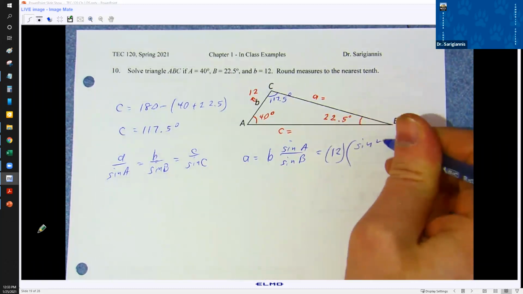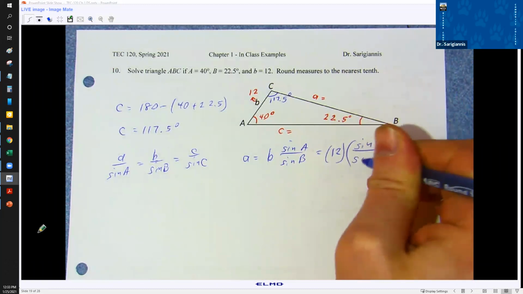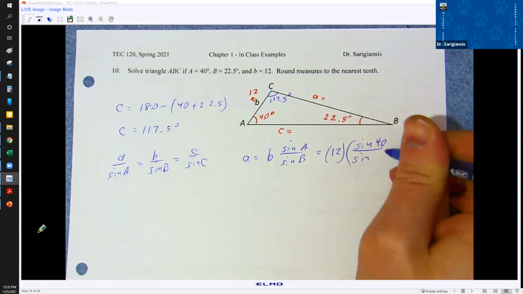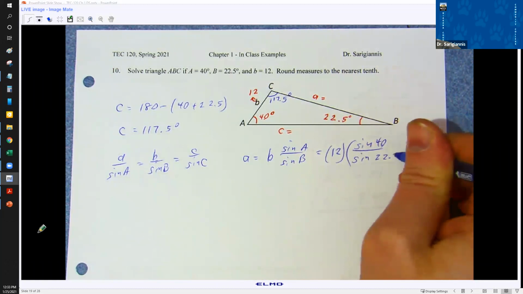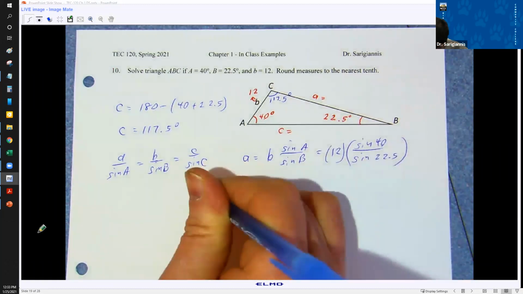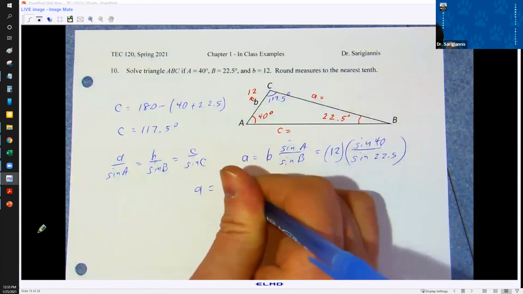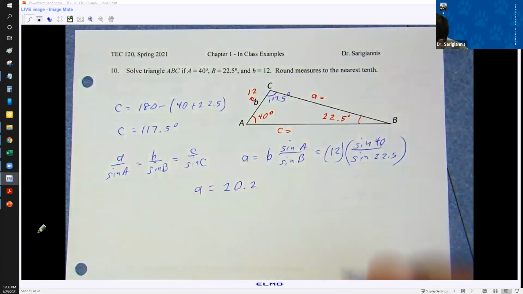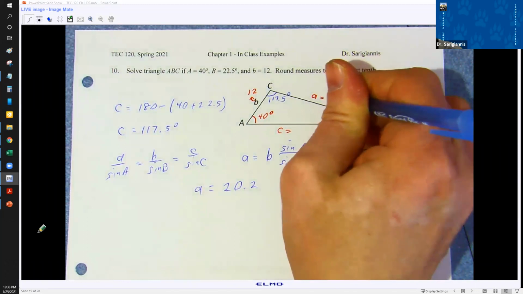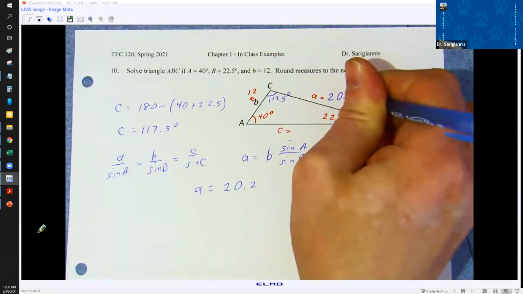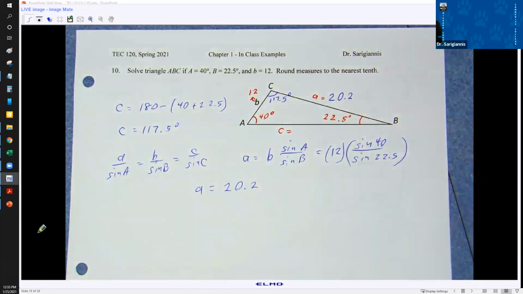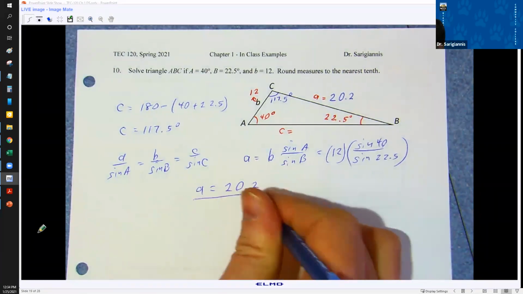Sine 40 over sine of 22.5. So we see that A equals 20.2. I'll write this in. No units are given, so we're just writing these in as whatever they are, unitless numbers.